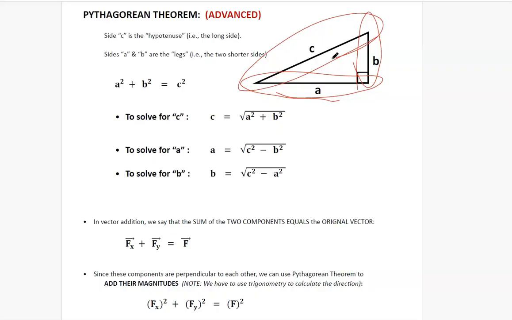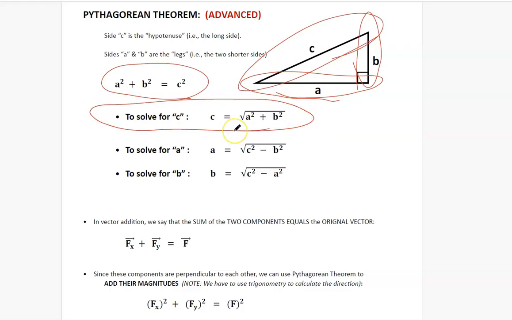Well, we use the Pythagorean theorem, which says that if A and B are the short sides of a right triangle, those are called the legs of a right triangle, and C is the long side of the right triangle, the long side is called the hypotenuse, then the lengths of these, or the magnitude, when you're doing forces, in other words, how many newtons everything is, A squared plus B squared is going to equal C squared. Well, when you're solving for C, if you take the square root of both sides, you see that it becomes this formula.